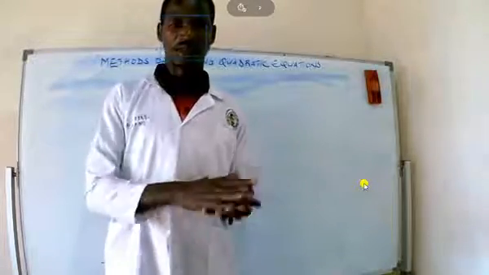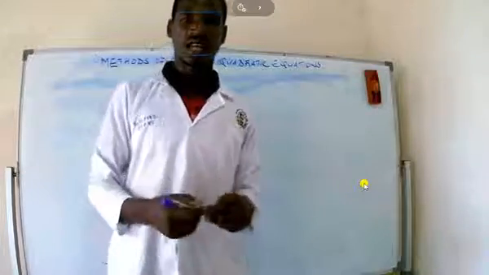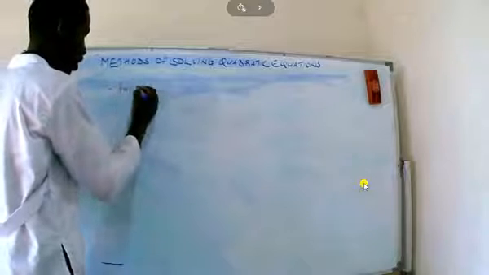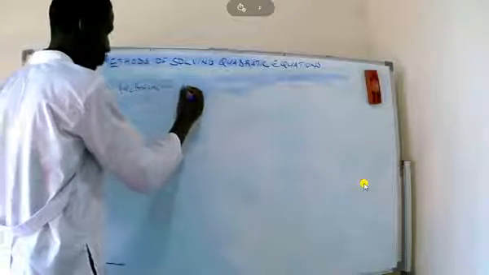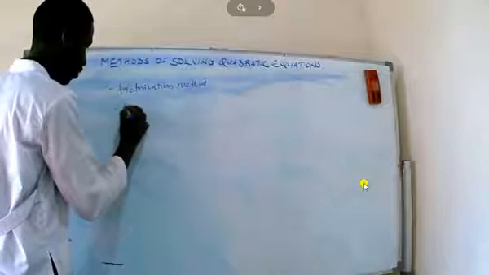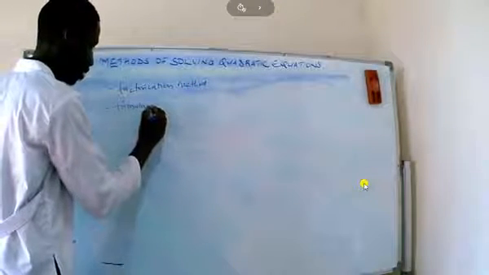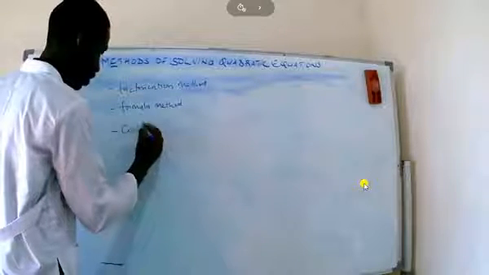In O-level, we looked at all the methods. Even here, we're going to see most of them. Let's start right away. There is the factorization method. There is the formula method, that is the bulldozer method. We have the completing the square method.